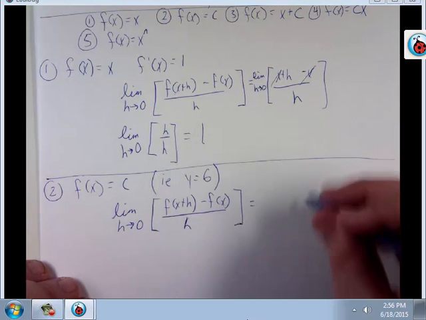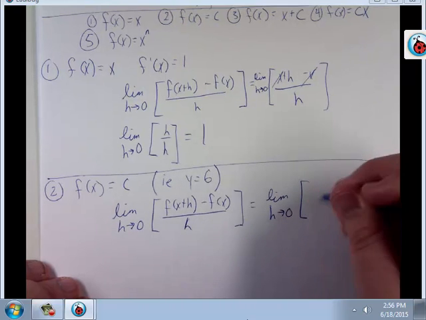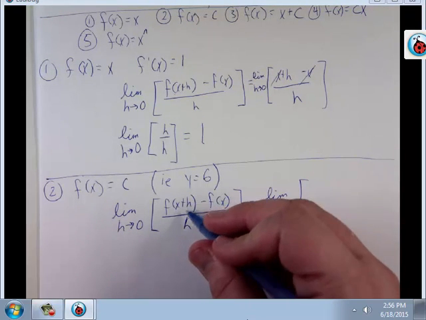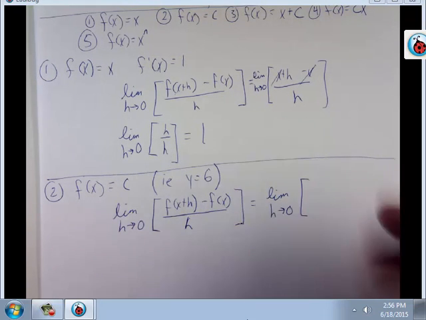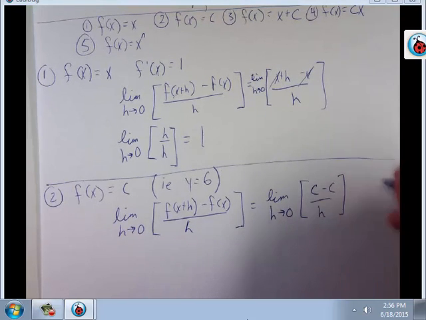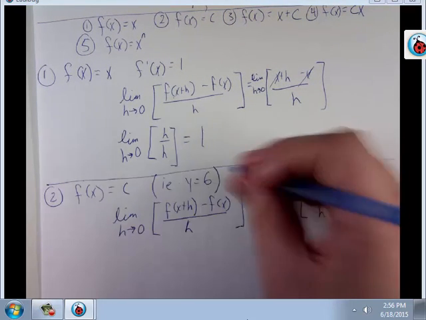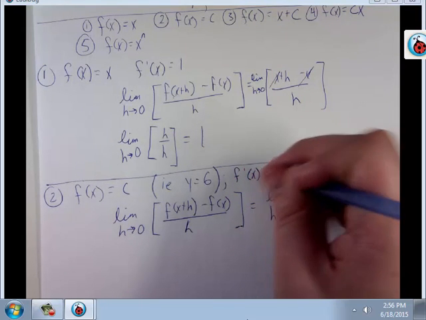In this case, no matter what I put in for x here, I always get the same constant out. So it's going to be constant minus a constant over h, which is going to be 0. So here, f prime of x equals 0.